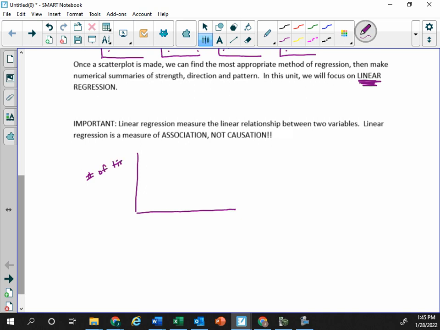Number of times, I'm making this up completely, okay? Number of times tardy. Servings of cheese eaten. So let's say your scatter plot looks like this.